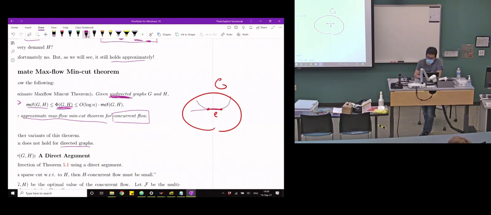You look at all the paths that contain E. Each of them has some flow value, and you just sum this value up. If this value is less than the capacity, that means the congestion of this edge is at most 1. You just sum the value over all paths.